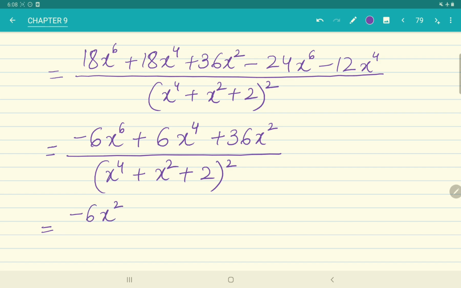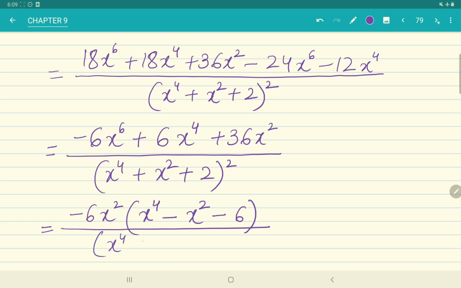We can just take that out, and if we take it out, we have x raised to the power 4 minus x squared minus 6. So that gives us x raised to the power 4.